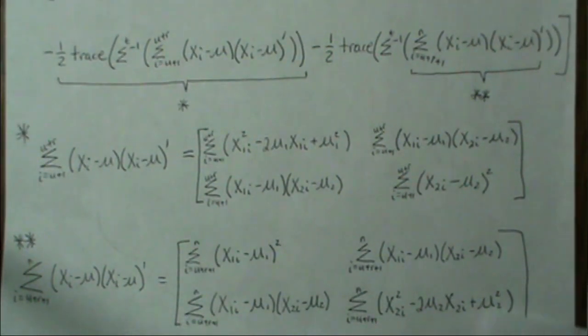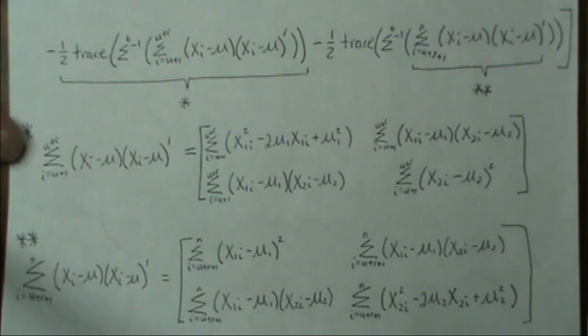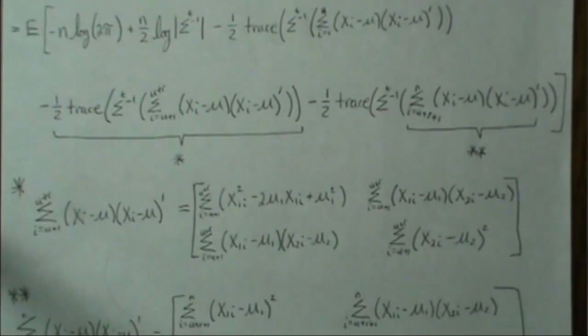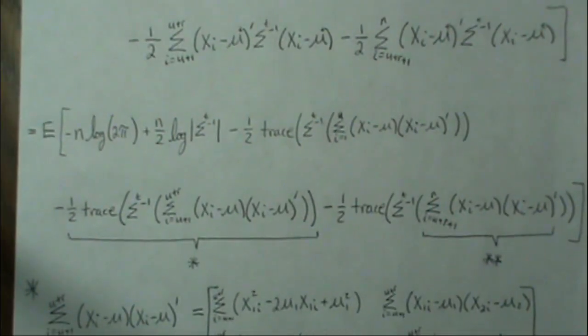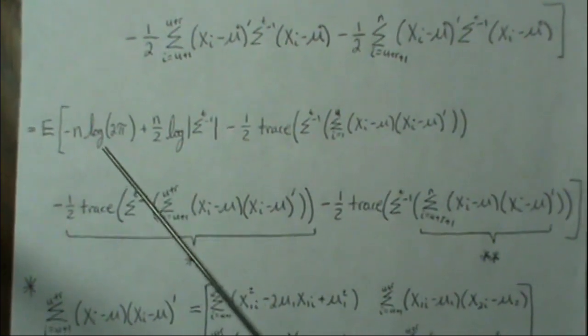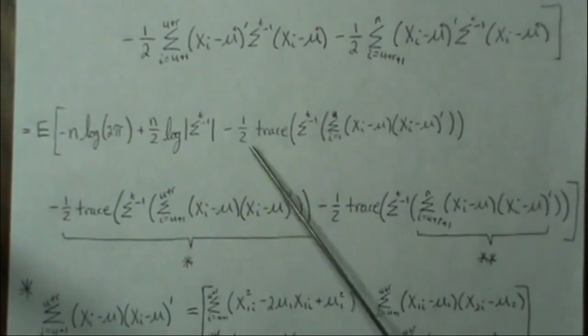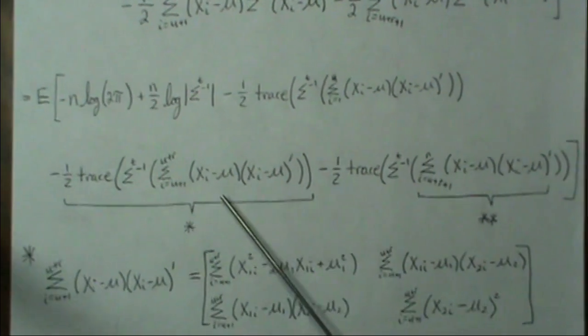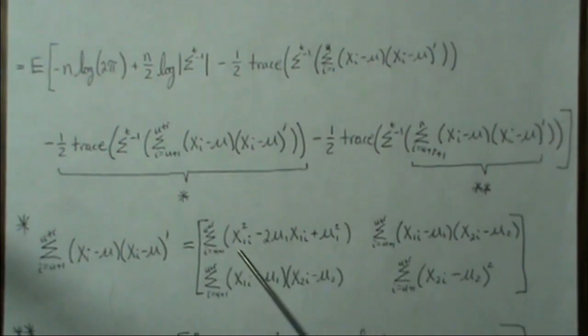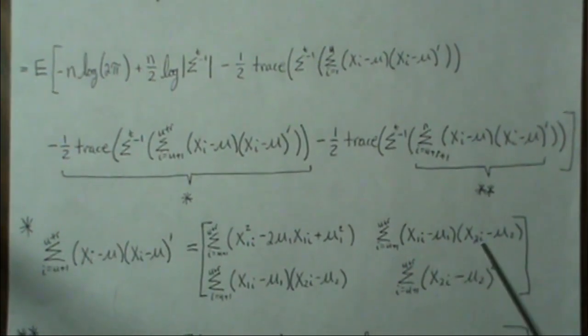Okay, so to find the expected value, and also note that this is constant, this is constant, this is a constant because these are known. When we take the expected value of this, it's simply replacing these unknowns with the expected value.